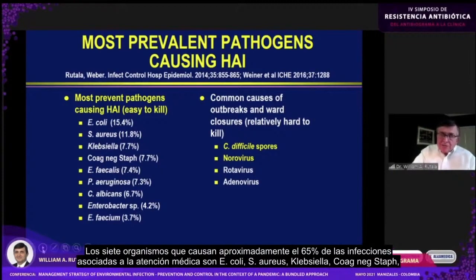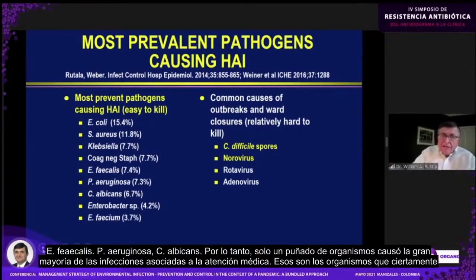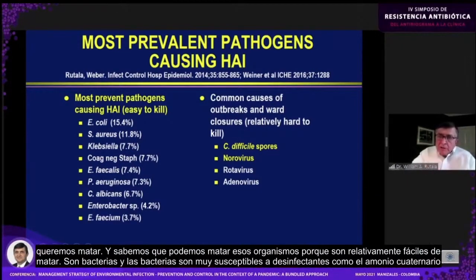The 7 organisms that cause roughly 65% of them are E. coli, Staph aureus, Klebsiella, coagulase negative staph, Enterococcus, Pseudomonas, and Candida albicans. So only a handful of organisms cause the vast majority of healthcare-associated infections. Those are the organisms that certainly we want to kill.